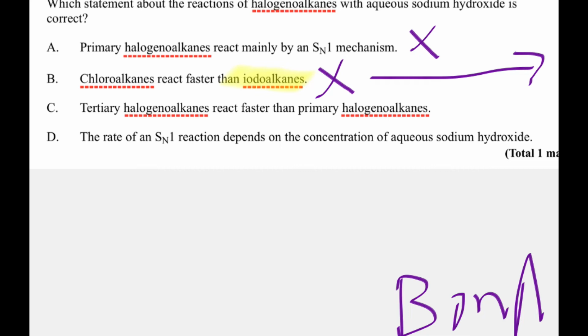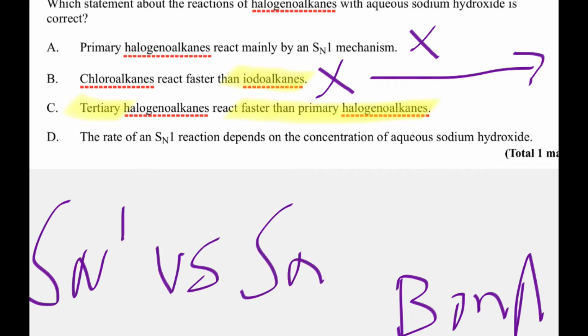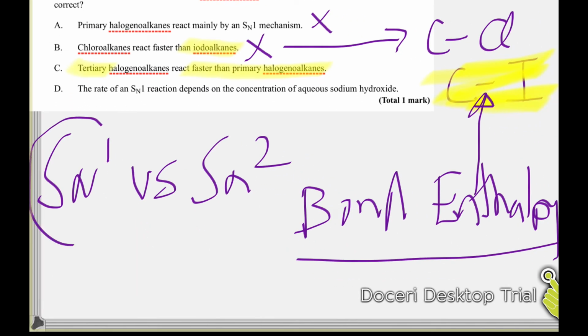Now, if we look at letter C here, it says tertiary alkanes react faster than primary halogen alkanes. So this goes back to the speed of an SN1 versus an SN2, and we saw that the SN1 mechanism, which is what the tertiary alkanes undergo, is faster.